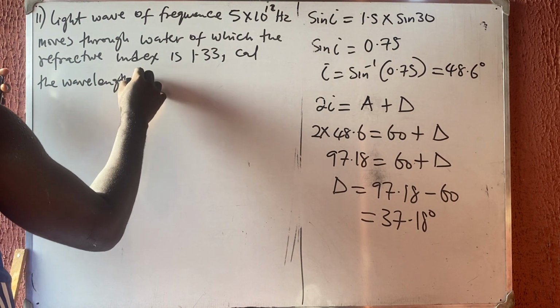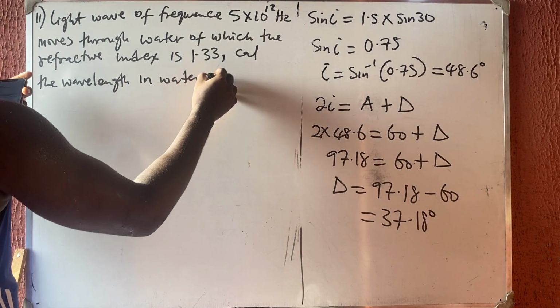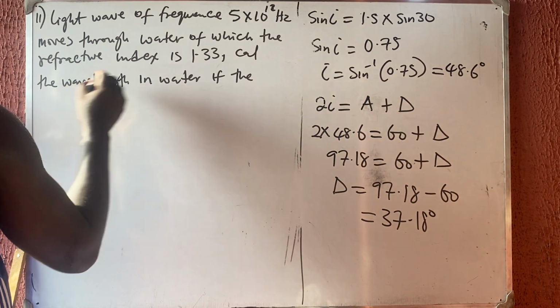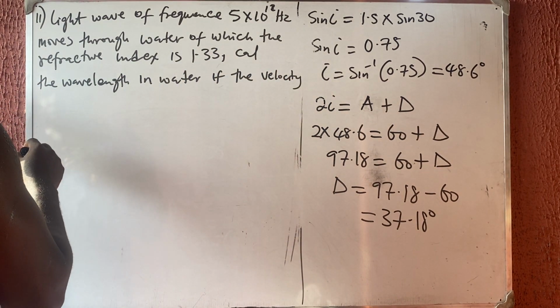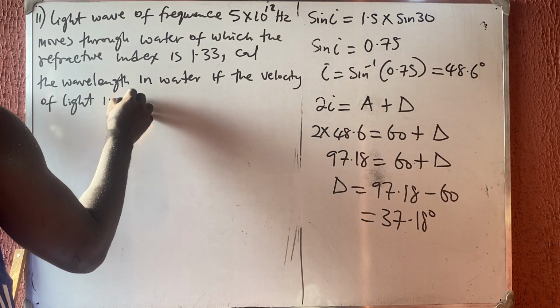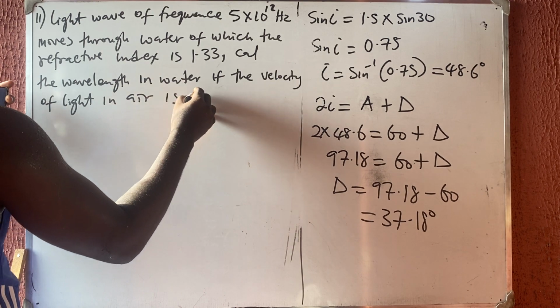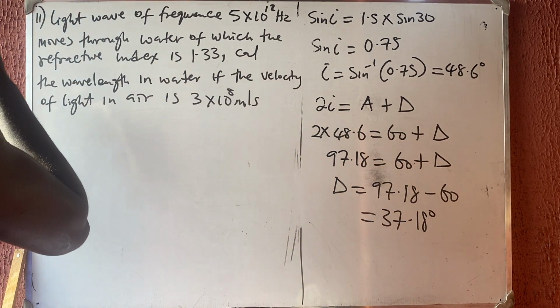Calculate the wavelength in water if the velocity of light in air is 3 times 10 raised to power 8 meters per second.